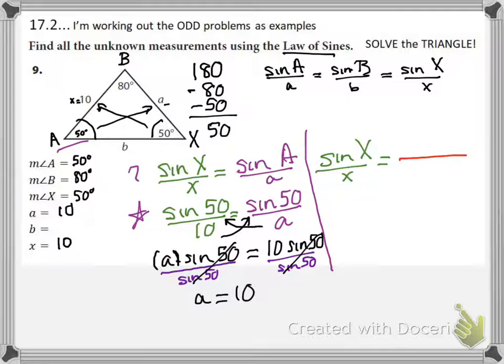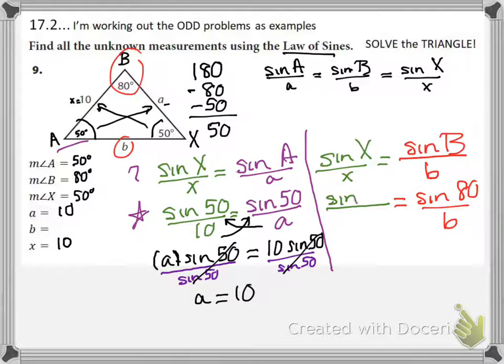So I need a lowercase b right here, and I need a capital B up here. That means that this side's going to turn into the sine of the B angle I know over the B side I don't know, and that is going to be equal to the sine of the X angle I know over the X side that I know.